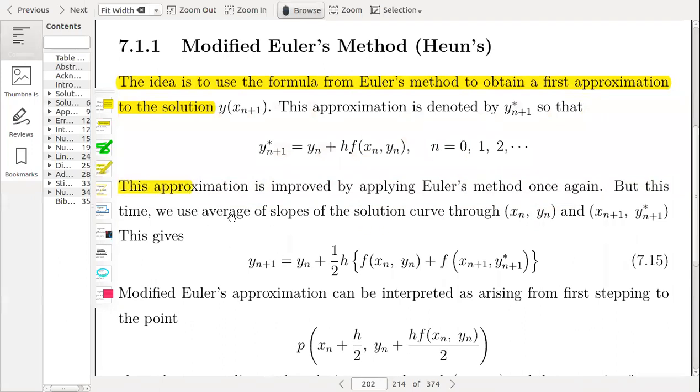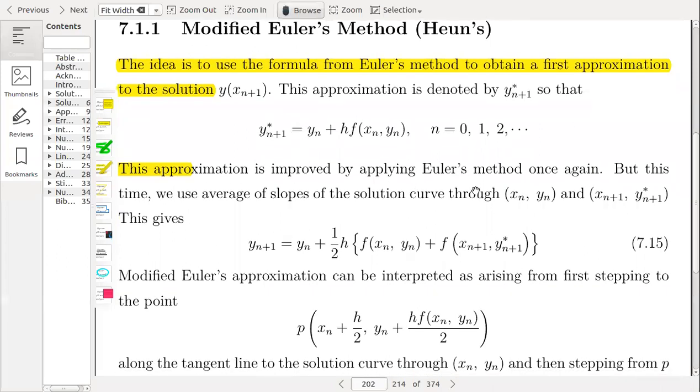Okay, so what is the difference? In Euler method, we use tangent lines to approximate the analytical solution, but in modified Euler's method, we use the average of slopes of the solution curve through the points xn yn, and xn plus 1 yn plus 1 star.